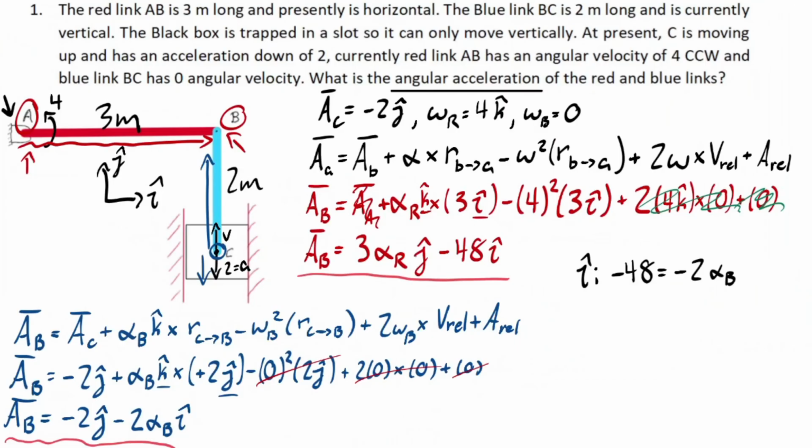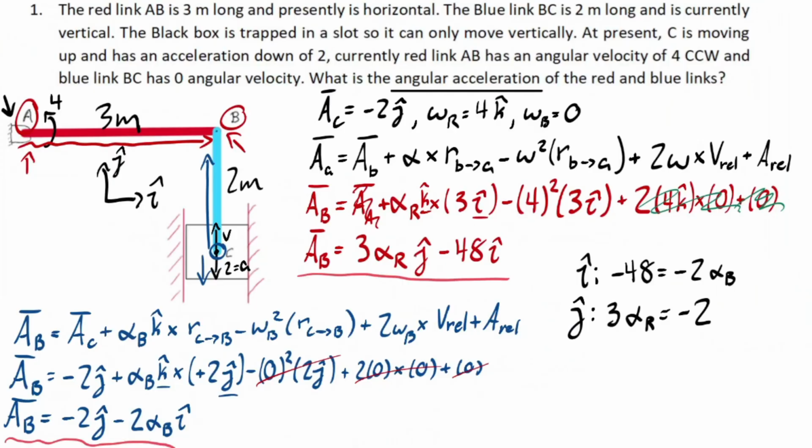And then my j components also add up. My j from the red equation is 3 alpha R, equal to the j from the blue equation, which is just negative 2. Cool.